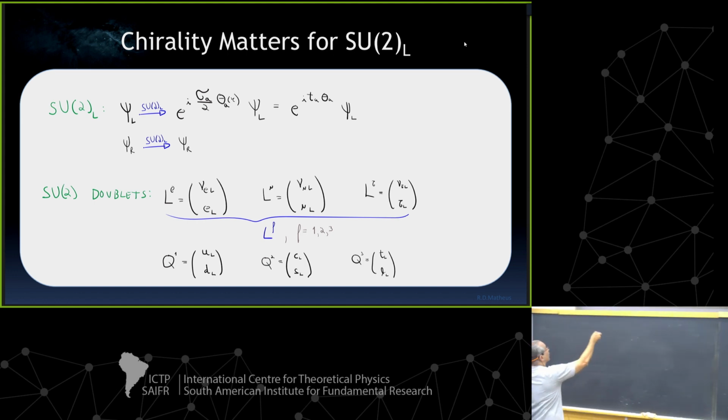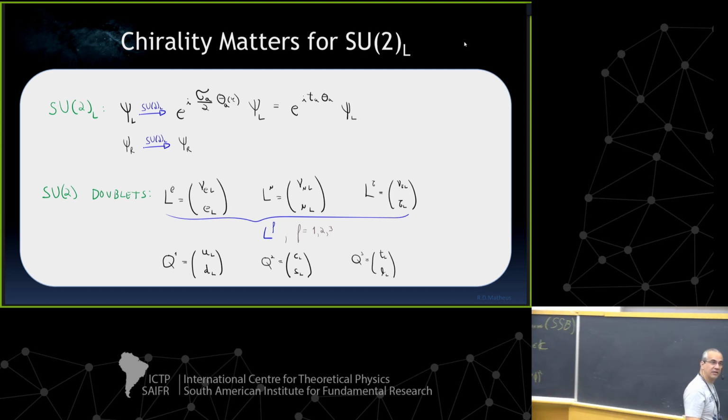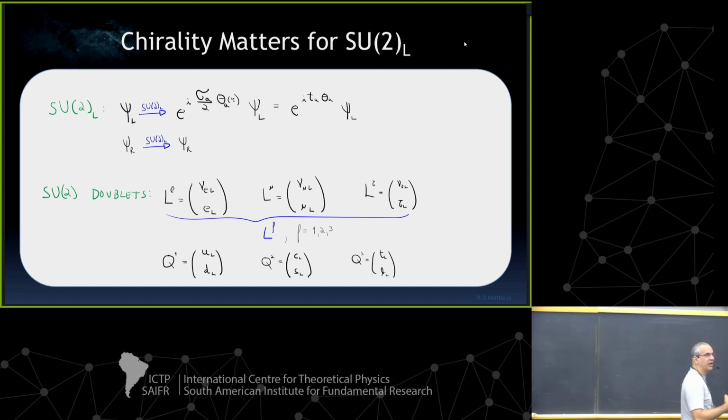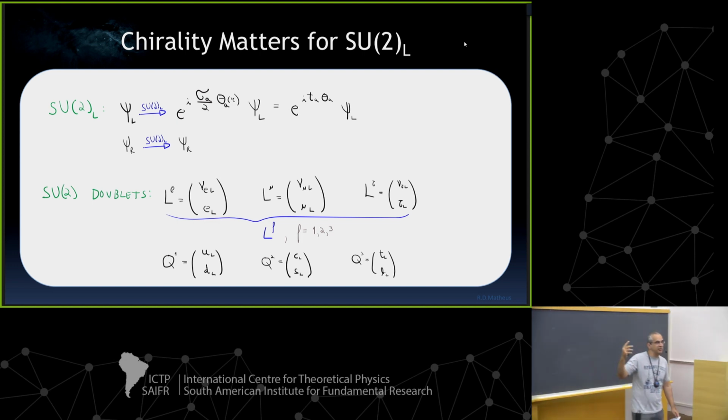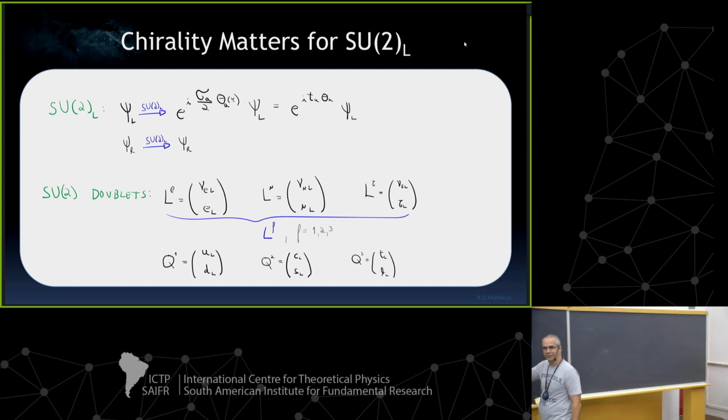So these guys all come in doublets. And that's why they had the same hypercharge. The particle that actually enters into the model is a left-handed electron doublet, which is a combination of the electron and the neutrino of the electron, the left-handed part. Right? Under SU2, they are indistinguishable. Right? What will distinguish them is the electric interaction, right, after breaking.